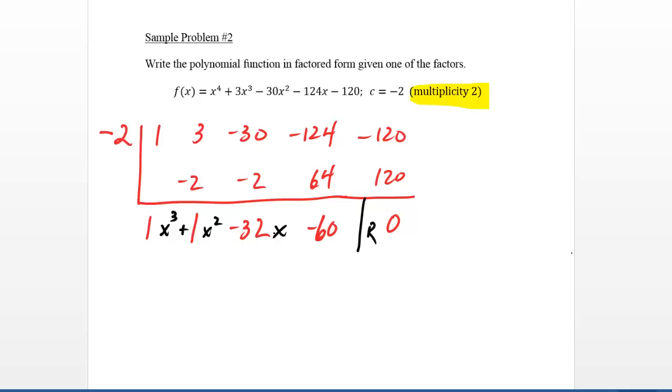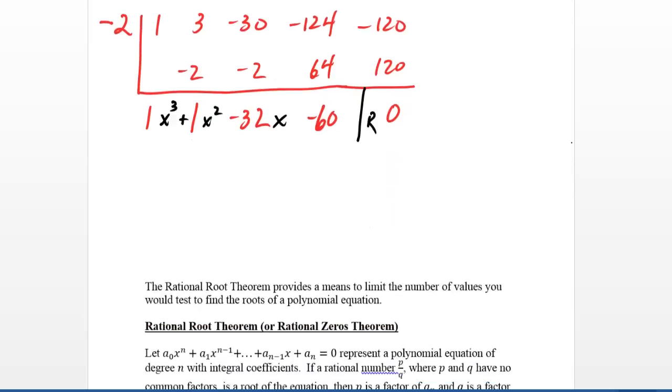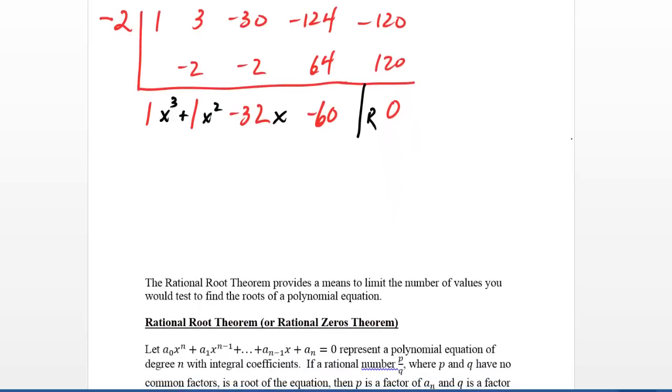Now, if we wanted to show every single step of factoring this polynomial, we could rewrite the polynomial function with the given factor. However, we know that we're going to use this twice, and so we're just going to take the given coefficients, drop them down and use those again.